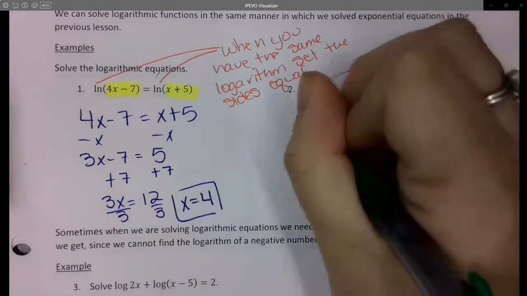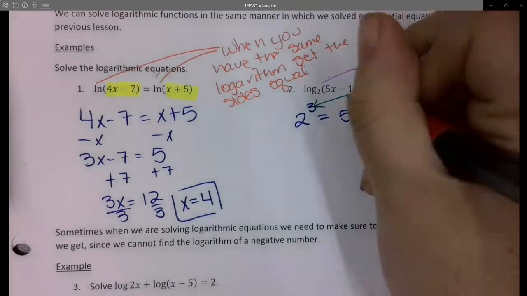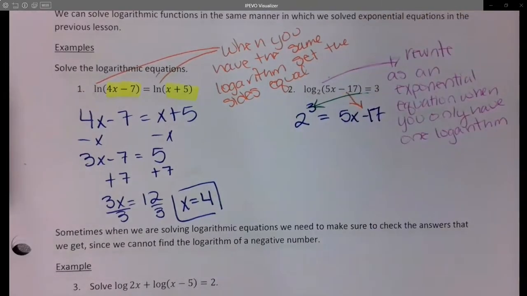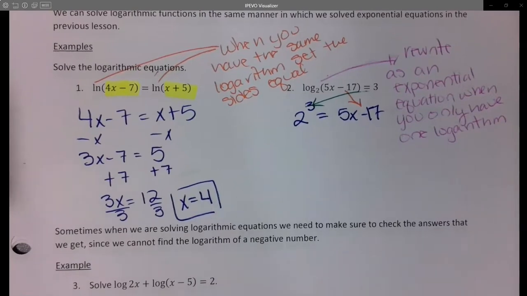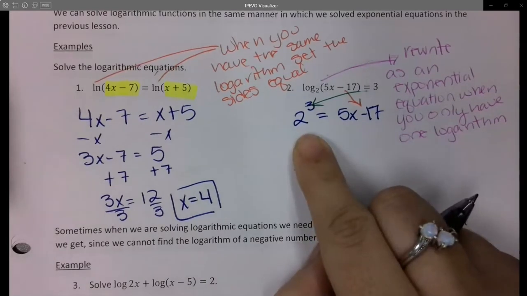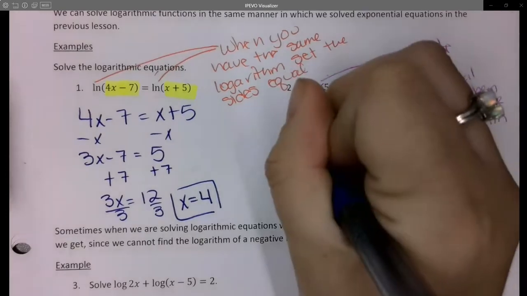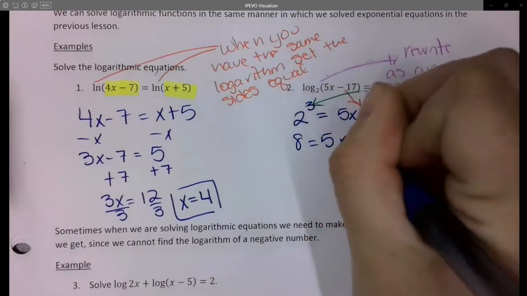Remember, the exponent and the argument always switch spots. Then I want to figure out what is 2 cubed. 8. So I'm going to rewrite that. I have 8 equals 5x minus 17.